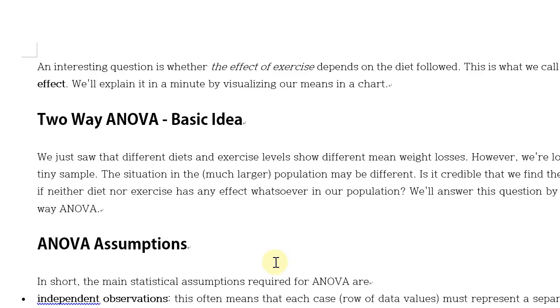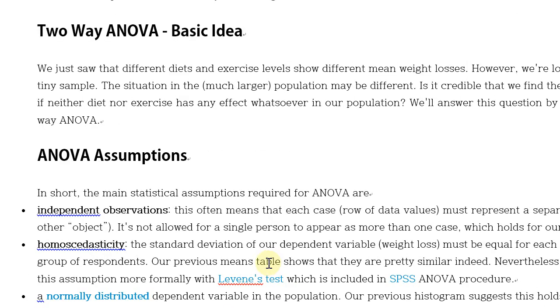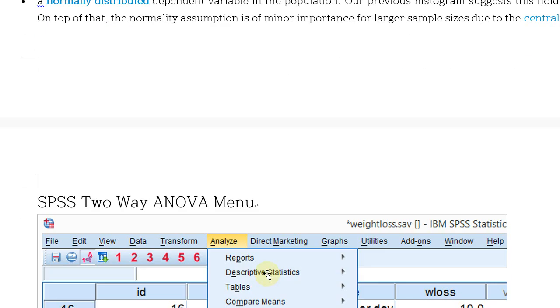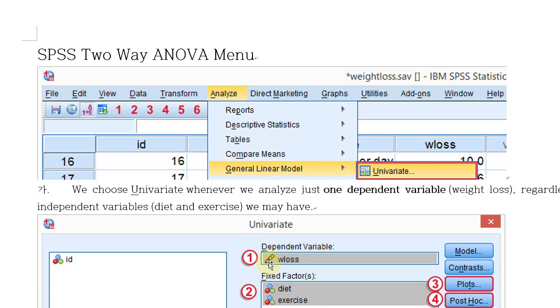Okay, the assumptions: independent observations. Then let's go to the 2-way analysis. Once you go, we have the pull down menu below and go to general linear model.